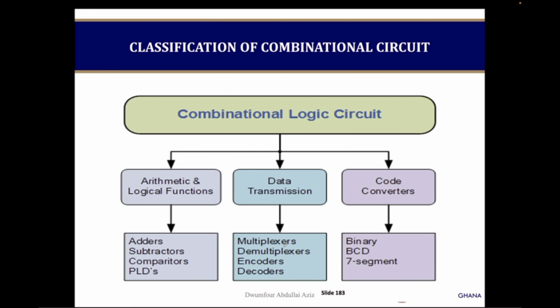Then the last class is code converters. How we can convert from one coding to another, like maybe binary to BCD. A typical example of the code converters is the binary to BCD 7-segment display, which we are going to see now. In our digital world, we always come across LEDs, which are displaying some lights, and once these lights are displayed, we see either some text or some numbers being written.